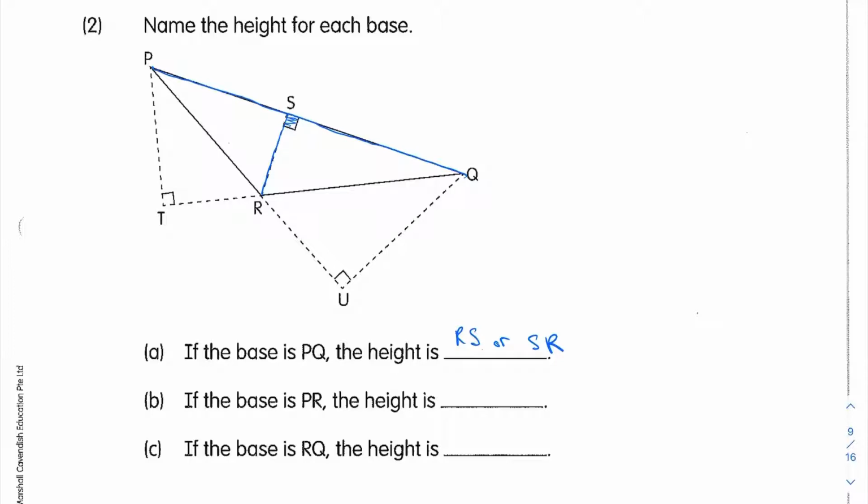Next, let's try green for this. If the base is PR, PR is this line here, your height would have to be perpendicular. So I'm just going to extend a little beyond here, and you see that the perpendicular height is QU, this part here. So I can write QU, or UQ is fine as well.